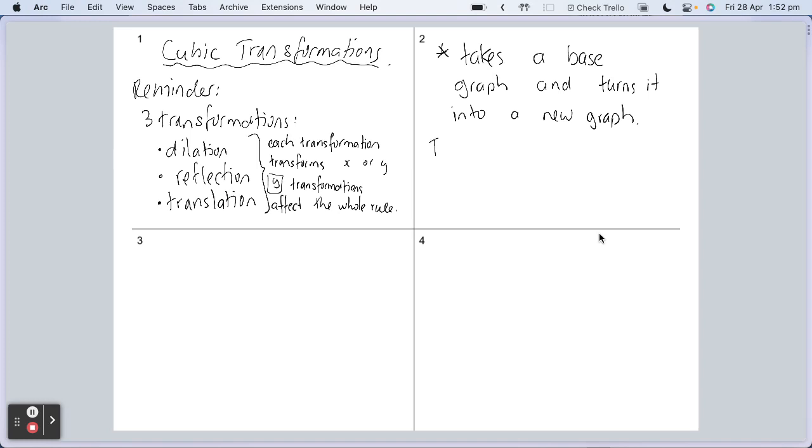So for cubics, the base graph is y equals x cubed. And if you remember, that looks like that. It doesn't have a turning point. It has an, Alex, star pupil today, inflection. Okay, it has an inflection.